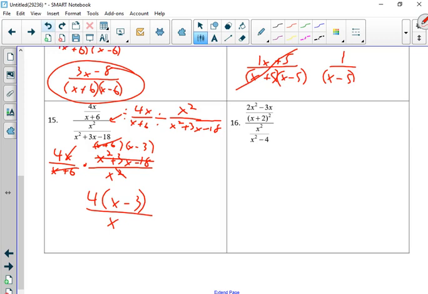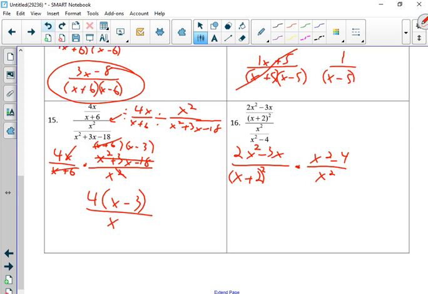And here we go again, same idea. 2x squared minus 3x over x plus 2 squared. I'm just going to go right to my times and flip it. X squared minus 4 over x squared. If you need to write it out step by step as a division problem first, that's fine.